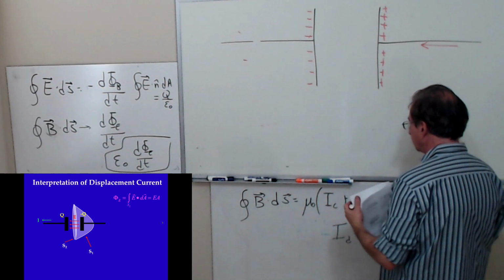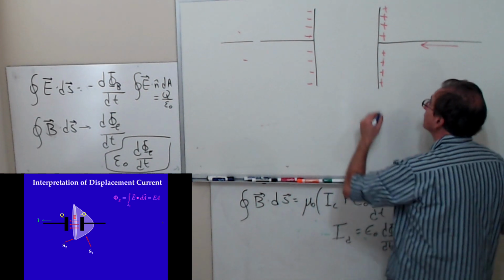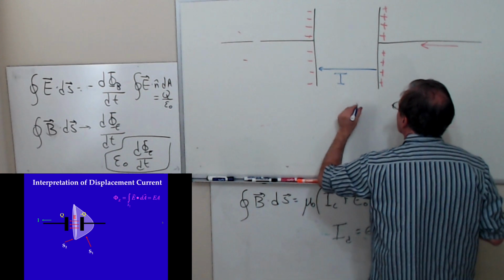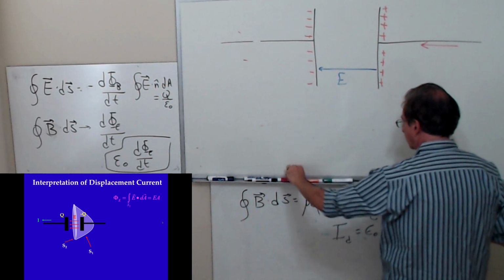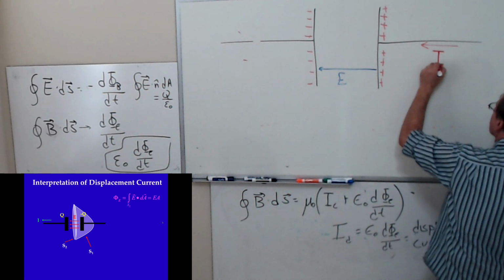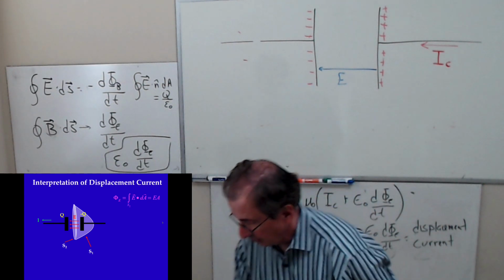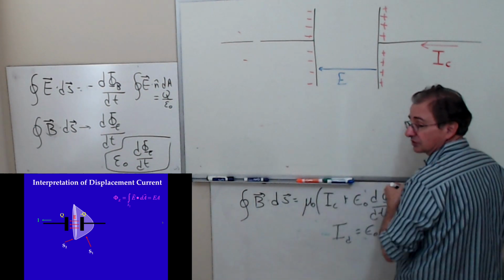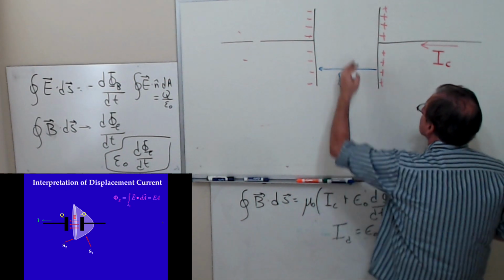So the electric field is directed, obviously, in the direction of the current. Let's choose this surface that's in here.